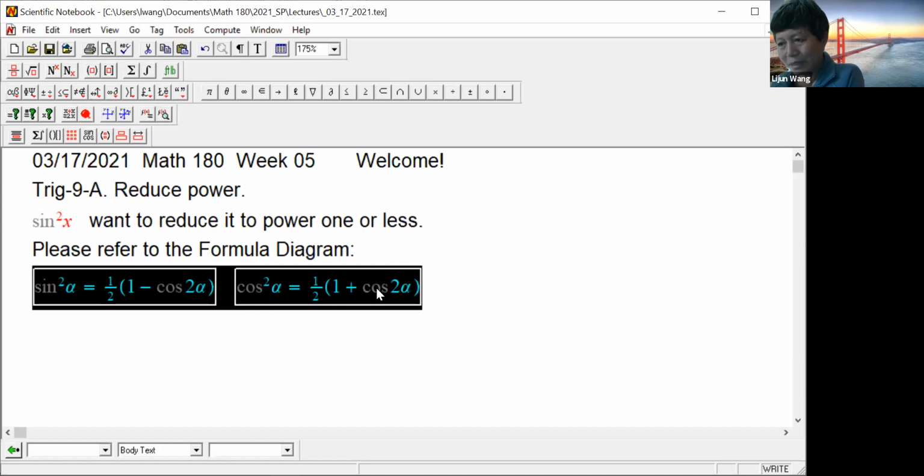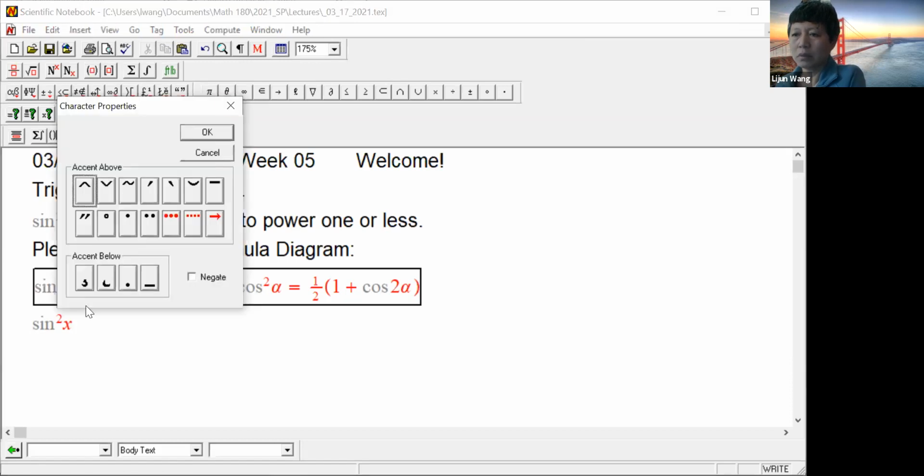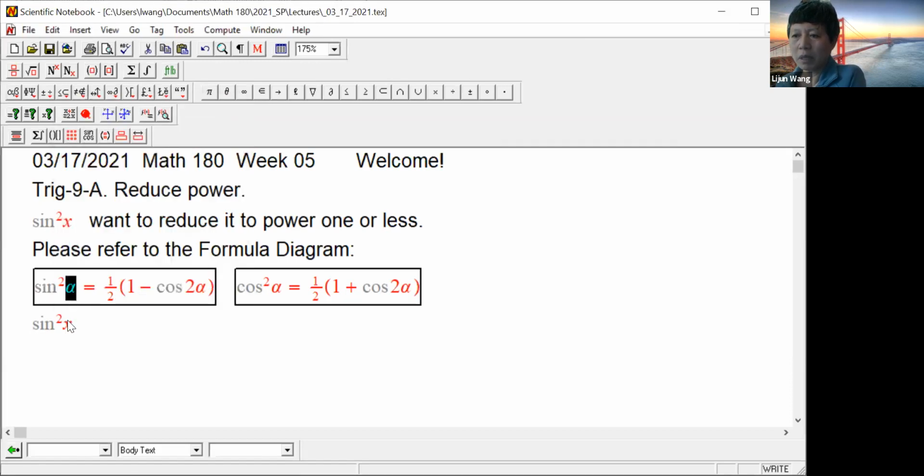with that said and done, look at how we reduce sine squared of x. Alpha matches x. So on this other side, it's just simply that.